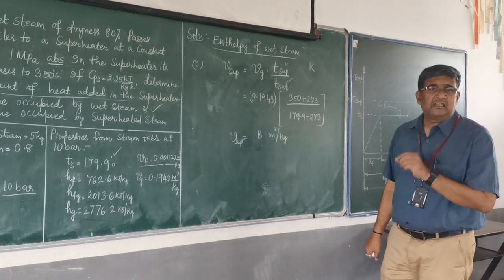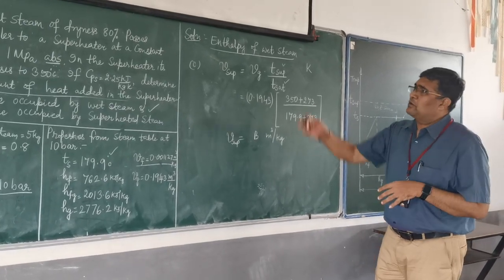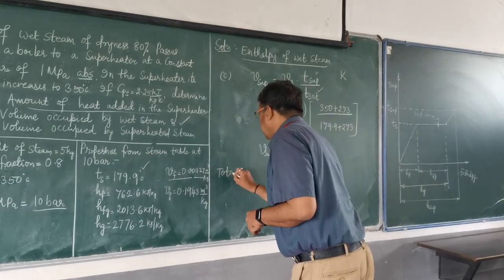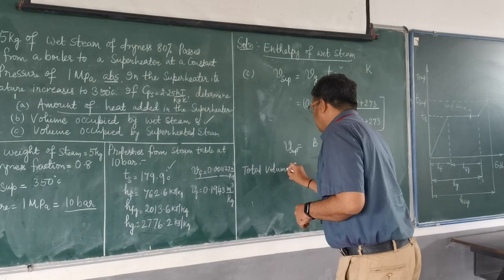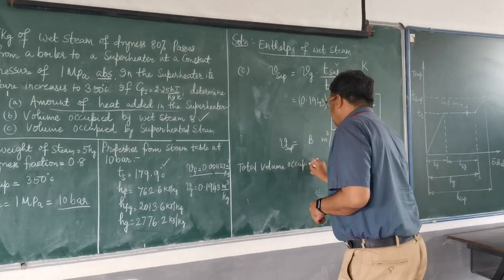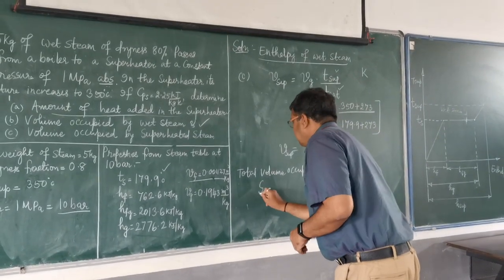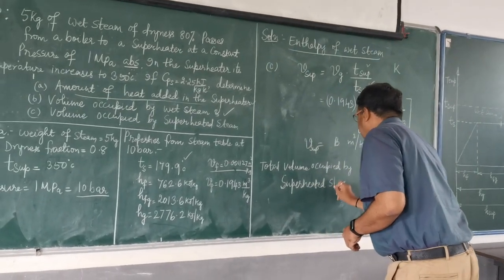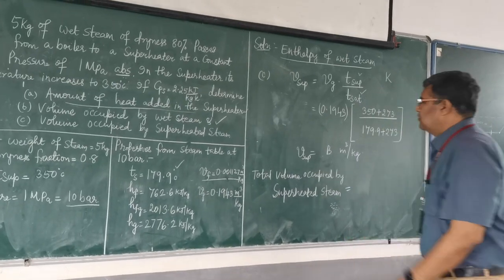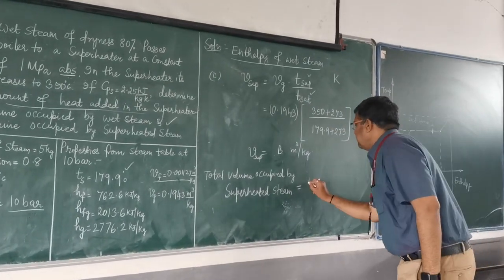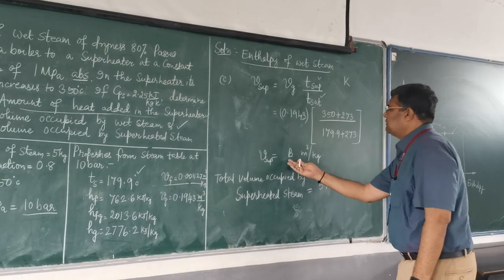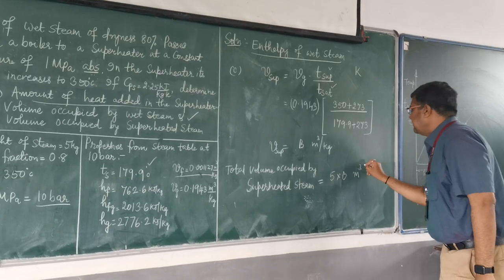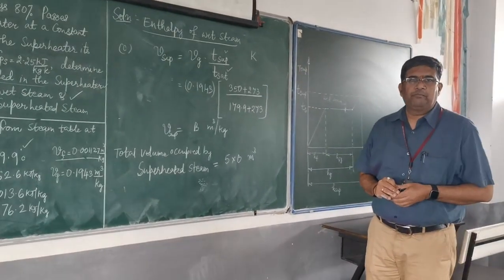Now this is the specific volume for 1 kg, but we want it for 5 kgs. So the total volume occupied by the superheated steam will be 5 into B, that is whatever value you have obtained after calculating this. So now it will be only meter cube, not meter cube per kg.